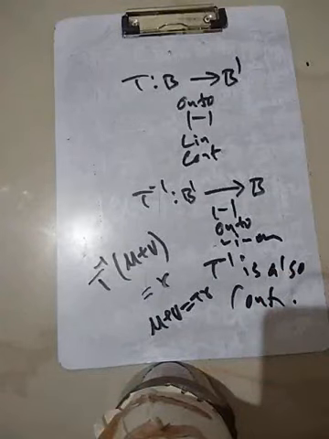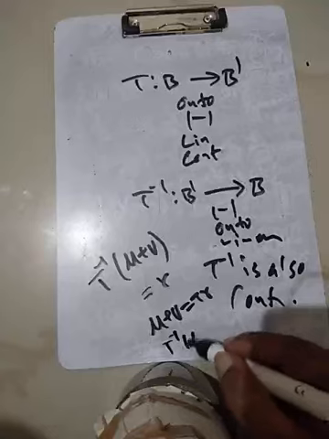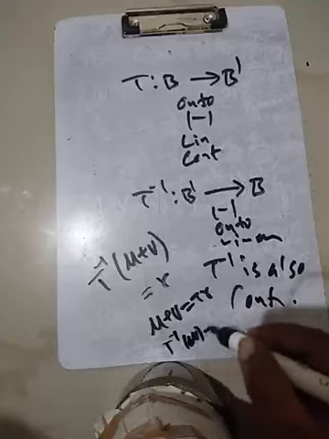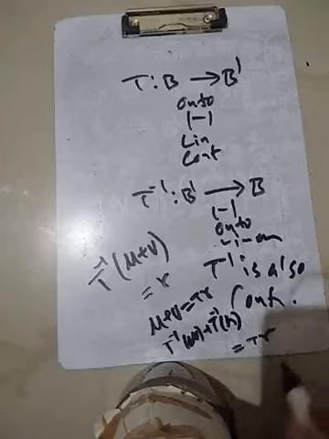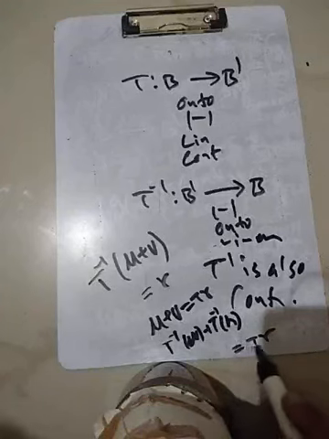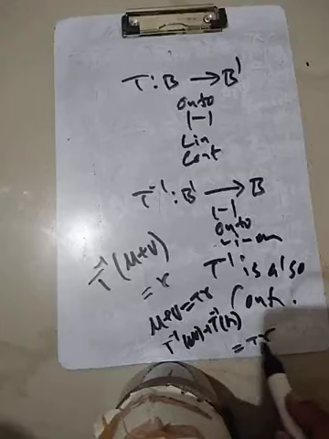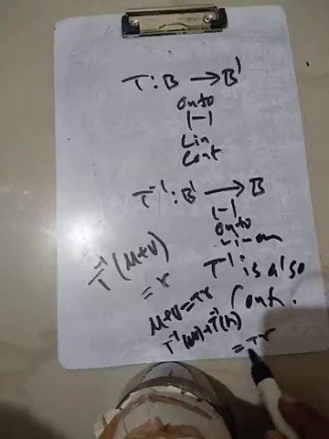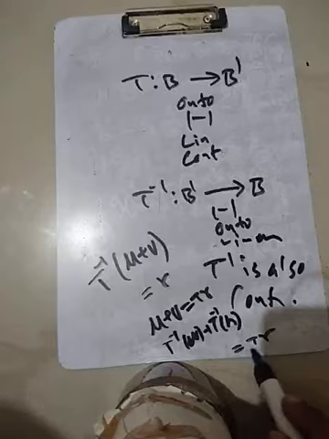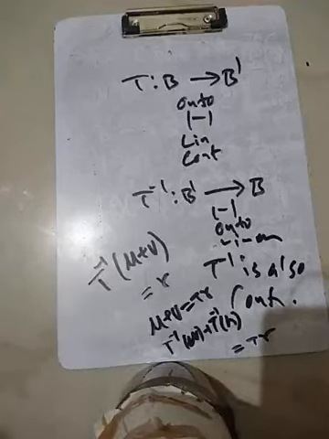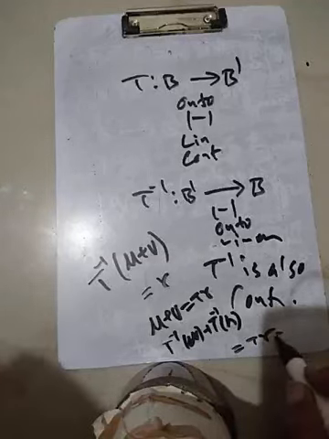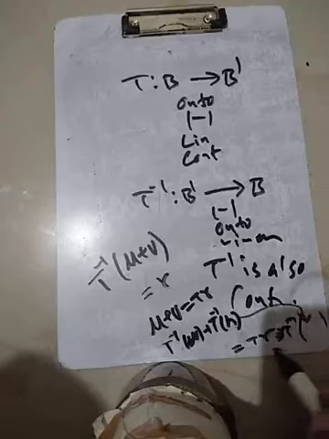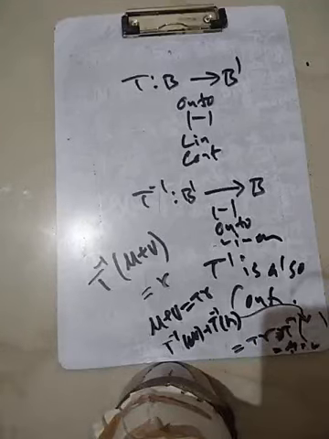But U, because it is an onto map, is T inverse of W, and V is T inverse of H. So T of R is U plus V. Applying T inverse, R is nothing but T inverse of U plus V, which is T inverse of W plus T inverse of H.